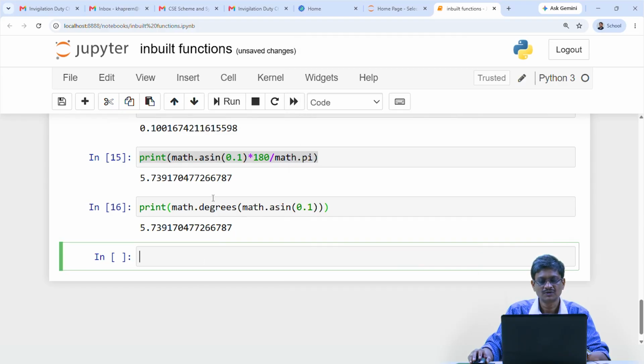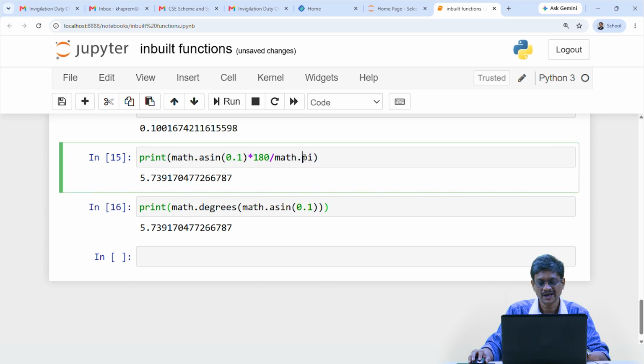So always remember, whenever you are dealing with any angles in your engineering calculation, make sure that you know whether the input is in degrees or radians. If it is given in degrees, please convert it into radians, and if you are using sine inverse or cos inverse or tan inverse, your output will always be in radians. So before printing, please ensure that you convert this into degrees so that it can be used for further calculations.